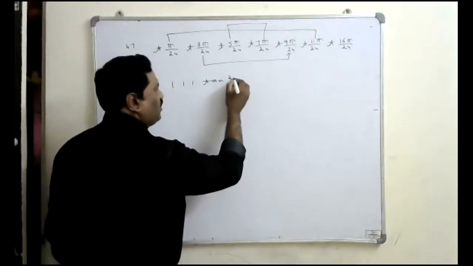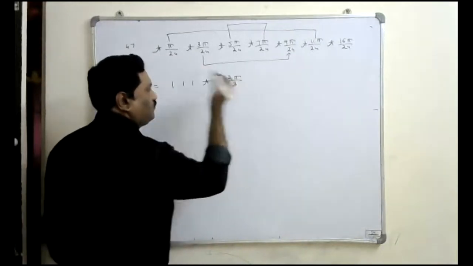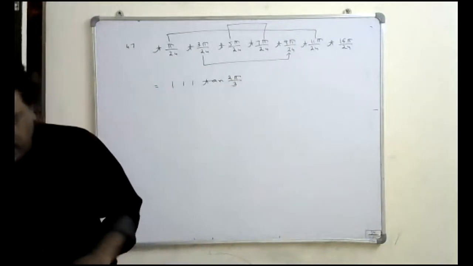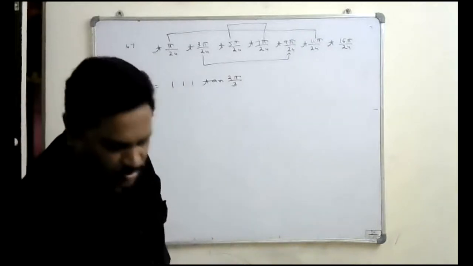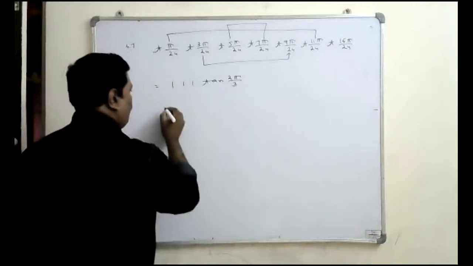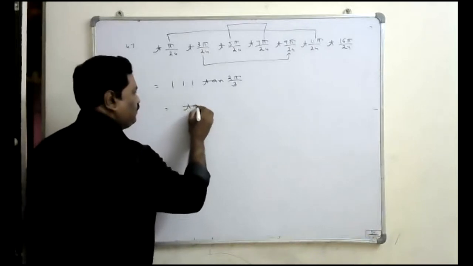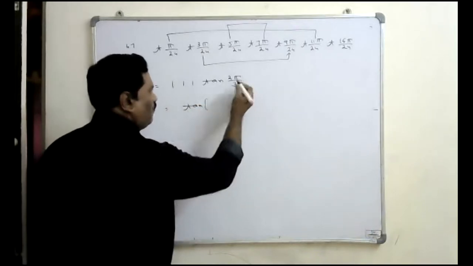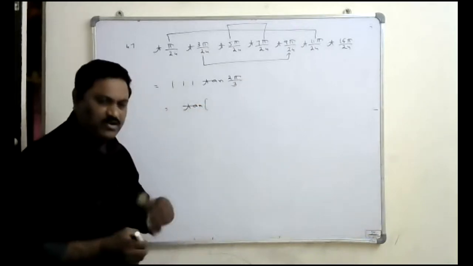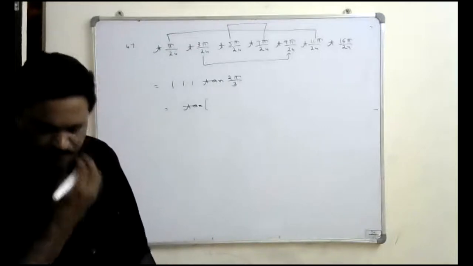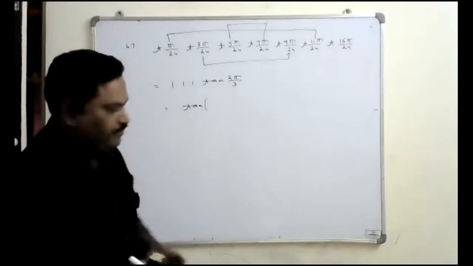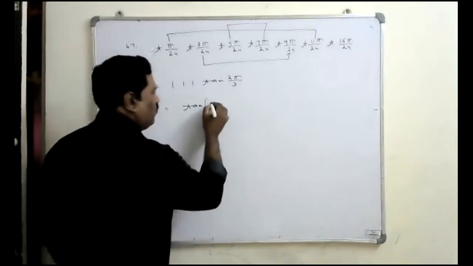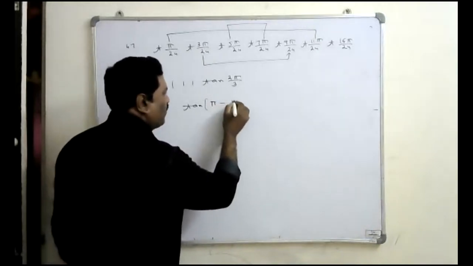16 by 24: 8 2s are 16, 8 3s are 24, which is 2 pi by 3. So tan 2 pi by 3, how much is it? 120 degrees. How do you write 120? Tan of 180 minus 60, that is pi minus pi by 3.